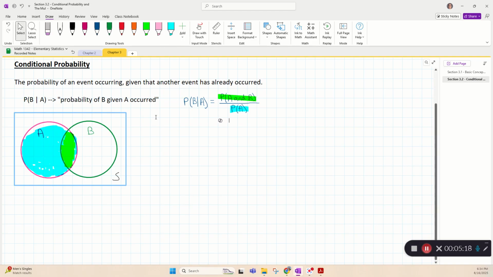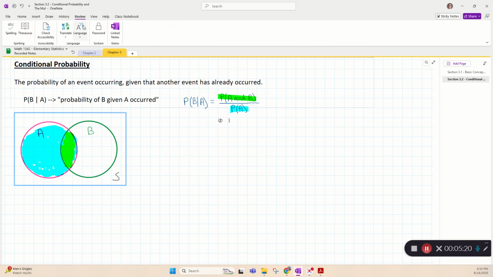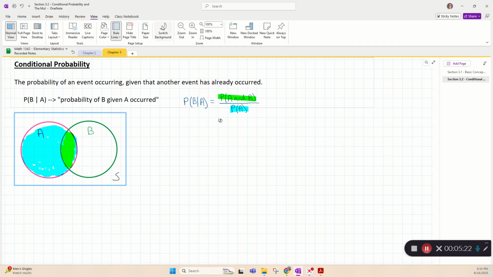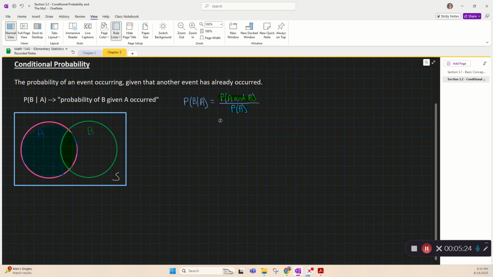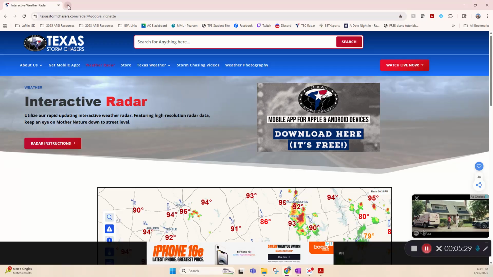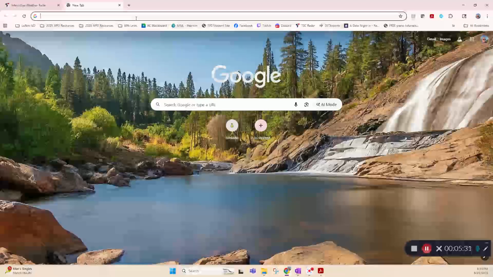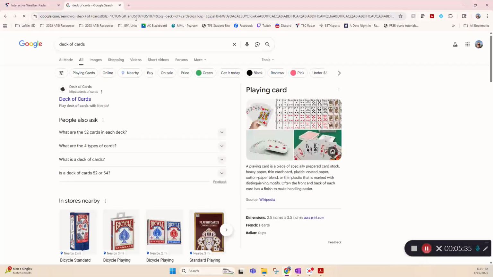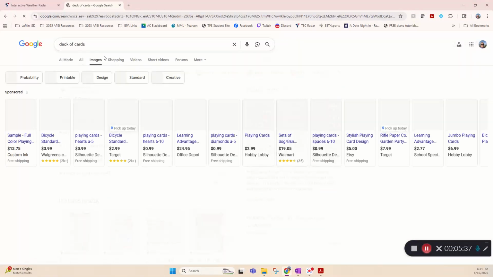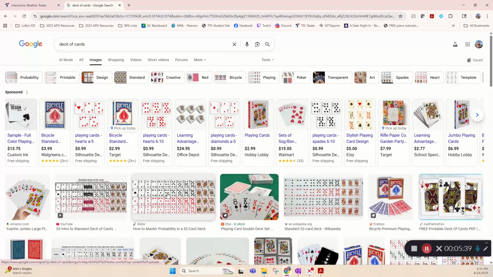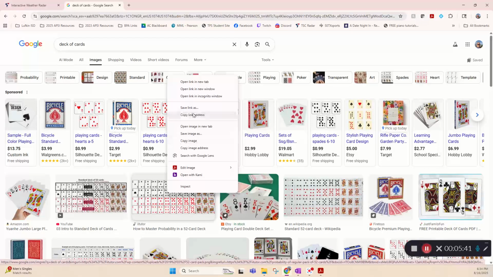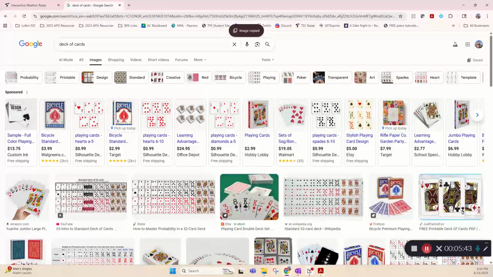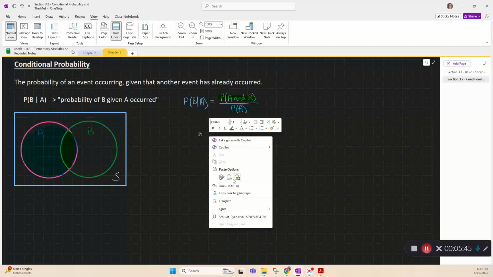So let's put this in terms of cards, like drawing from a deck of cards. Now, for those that don't know what's all in a standard deck of cards, I'm going to put an image out there. That way you can clearly tell. So, copy image. Paste.